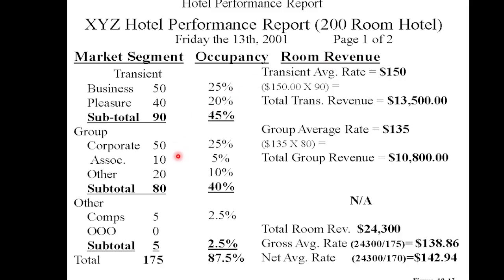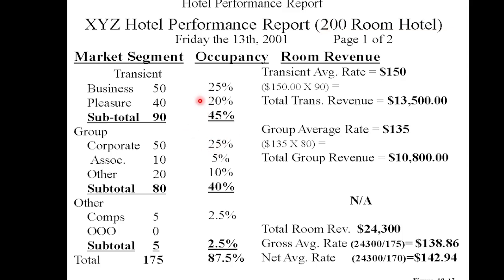Because it's 50, right? So for pleasure travelers, they are just having fun. They have 40. Then again, same calculation to get 20%: 40 divided by 200, then times 100%.